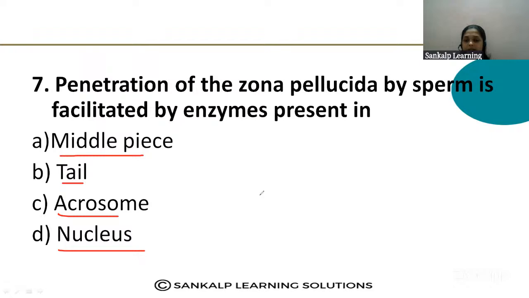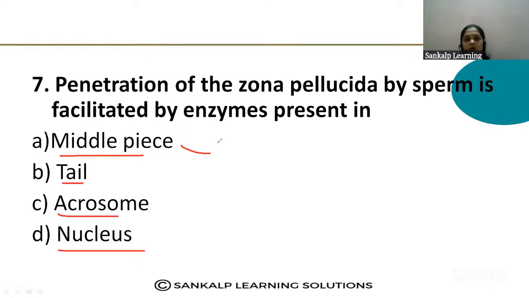What is the answer? No, seventh one, Akash, and A is not a correct answer. Many are writing A. The middle piece contains the mitochondria and provides the energy for the sperm to swim.